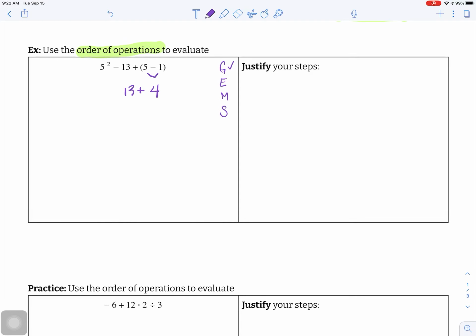If you would like to rewrite it again, you most certainly can. So in justifying your steps, I would maybe start by saying, step 1, start with grouping symbols.